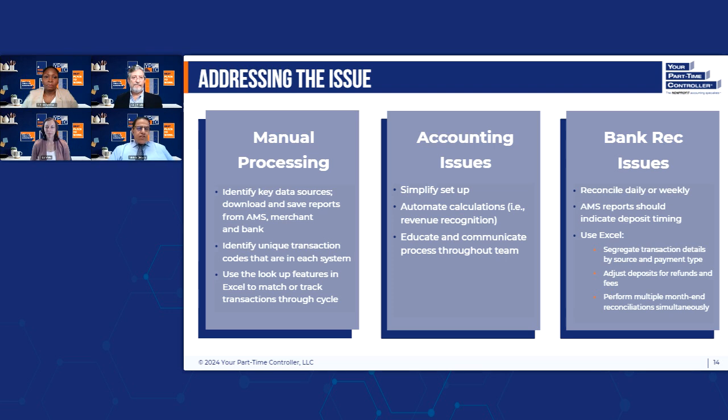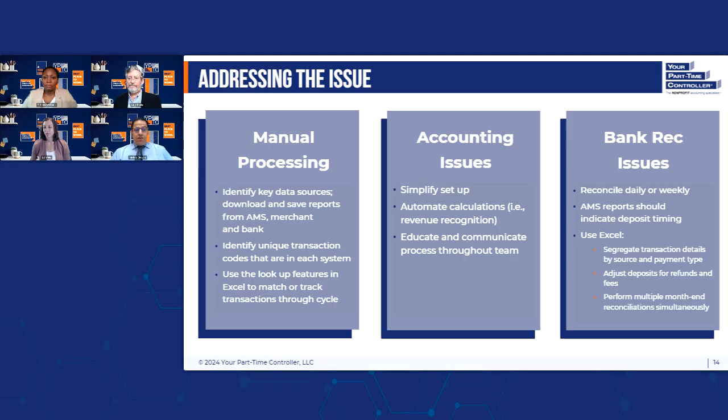To start, evaluate the AMS to see what the full capabilities are in the system. Ask the AMS vendor to do a product demo. Although you may have been using the system for a while, you may not be aware of all of the features and functions that the system is capable of.